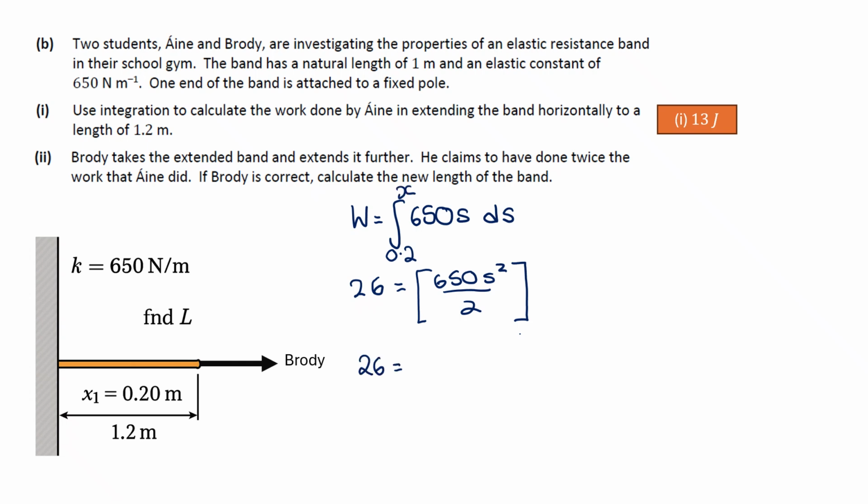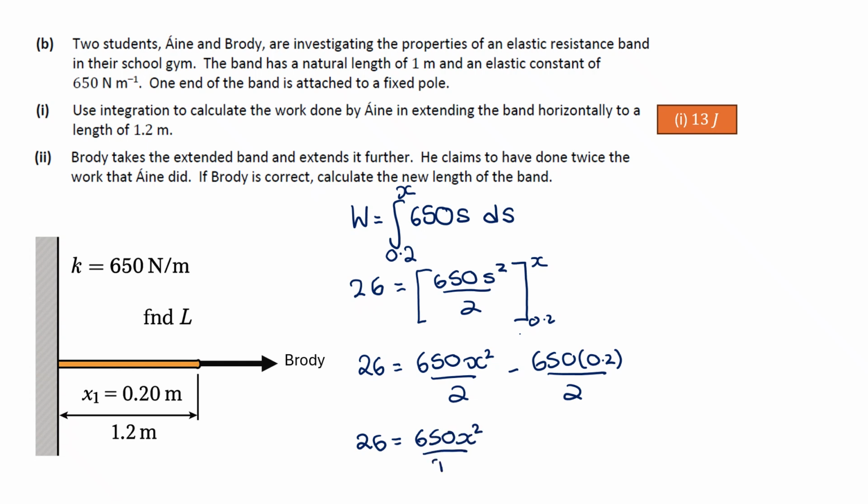So 26 is equal to 650, let's go between 0.2 and, let's put an x in there instead, x squared all over 2 minus 650 times 0.2 squared over 2. We know that that second fraction is actually 13. So we can just do a minus 13 here because that was the same fraction we actually had in part 1. So bringing that over, that gives us 39.